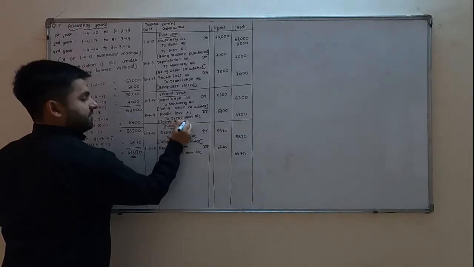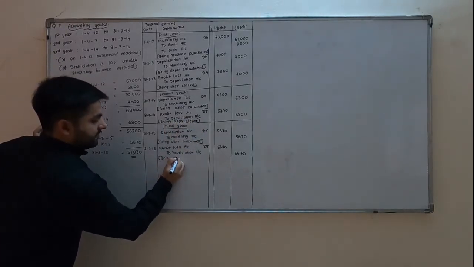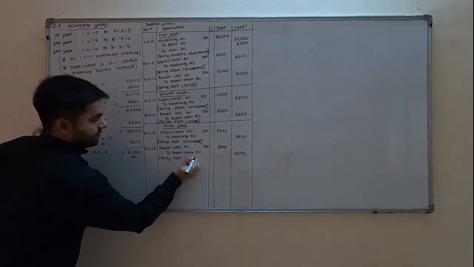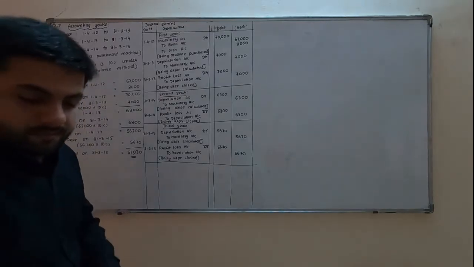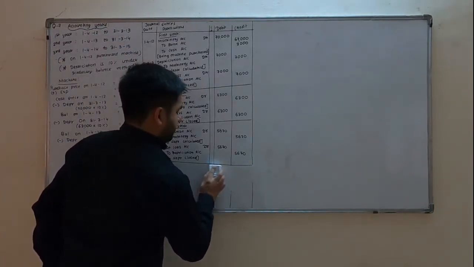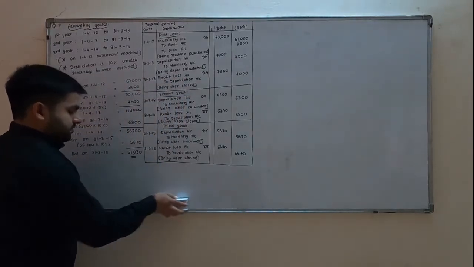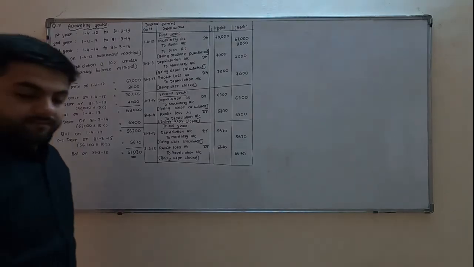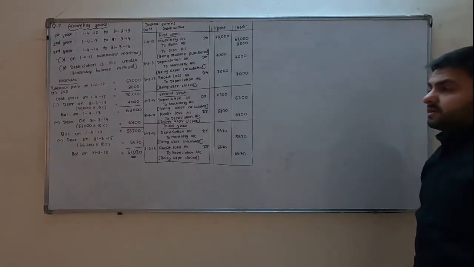Being depreciation closed. Here also being depreciation closed. So journal entries for the first 3 years are over.